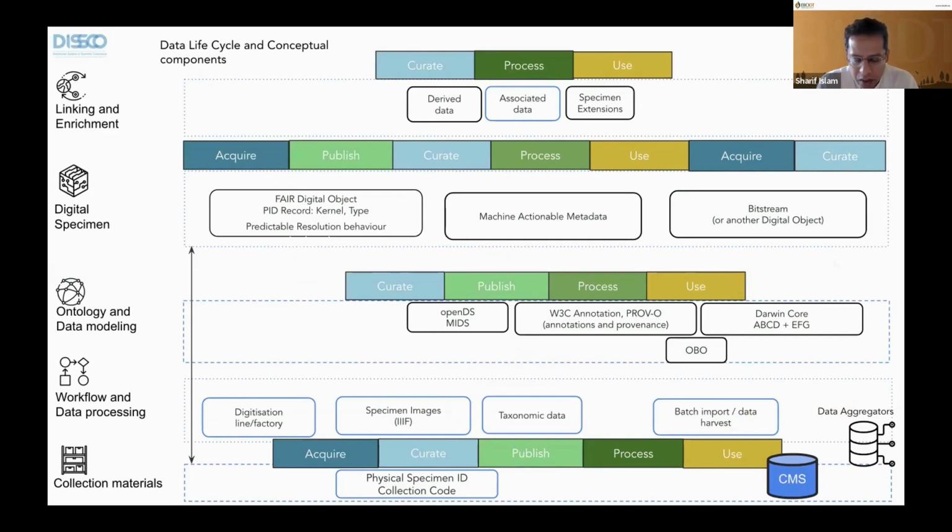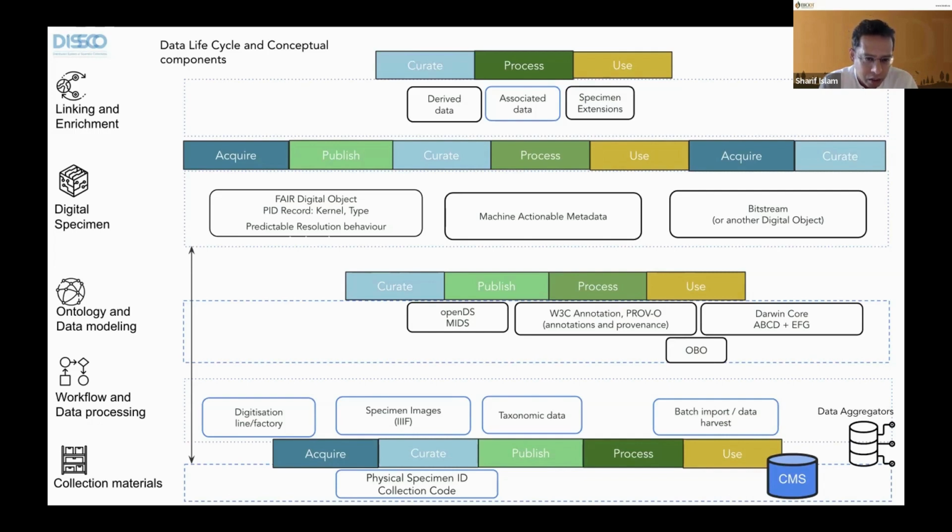And our sources of data come from the collection management system through the digitization process. At the same time, we curate, publish, process, and use all of this data. There are taxonomic data, images, sequence data coming in, but there are different types of data modeling and ontology that we have to consolidate in a standard fashion to have this work.